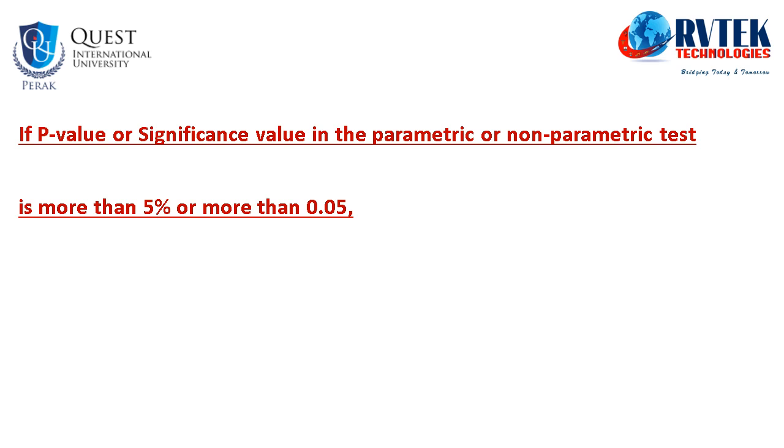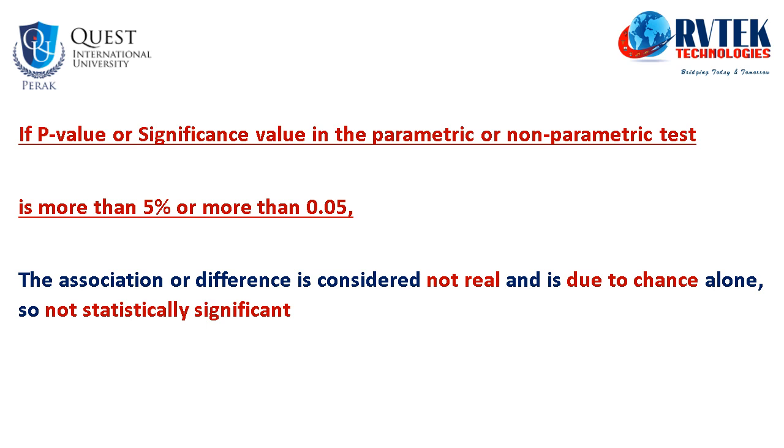If it is more than 5%, it is due to chance. The difference is due to chance. Association is due to chance. Association or difference is not real. So it is not statistically significant. Association or difference is considered not real and due to chance alone.